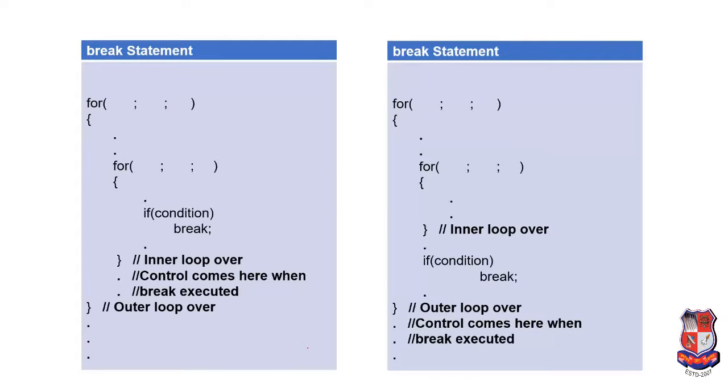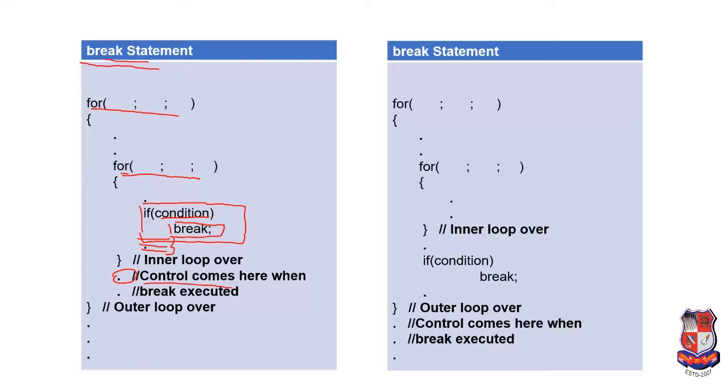Now we'll see how the execution of break works. Let's take this first example, and in this example there are two loops. First is the outer loop and second is the inner loop. If we are using a break statement inside the inner loop, and this condition is true, then this break statement will execute, and all the statements over here are skipped and control is given over here.